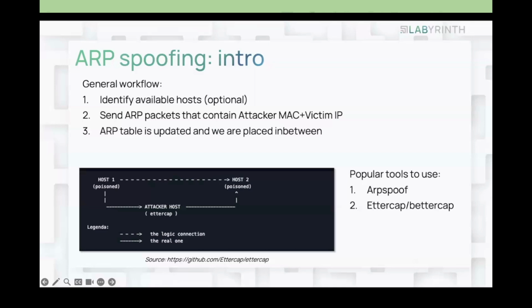I would say the most popular are ARP spoof and Ettercap and its better version, as you can get from the name, Bettercap. So it is important to note here, because we are dealing with the data link layer, we are dealing with MAC addresses, that the attacker and the victim hosts should be in the same VLAN.